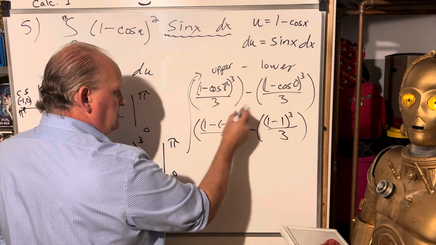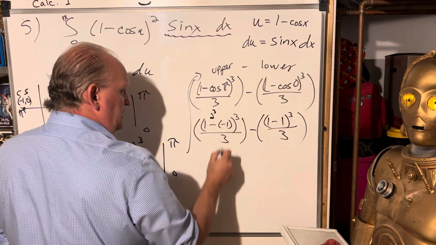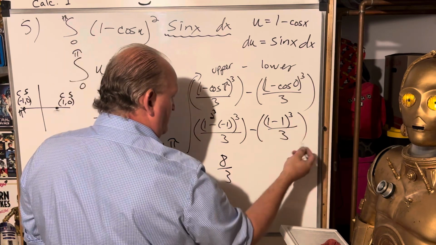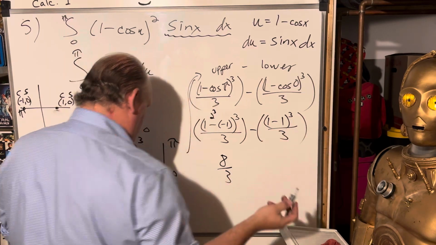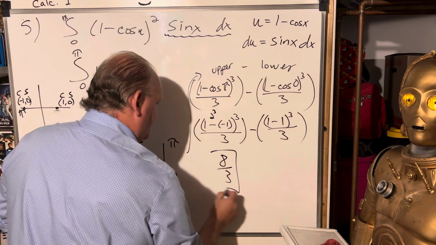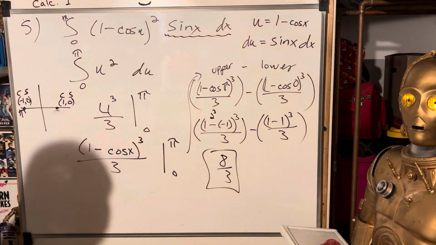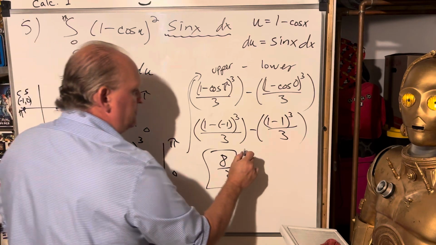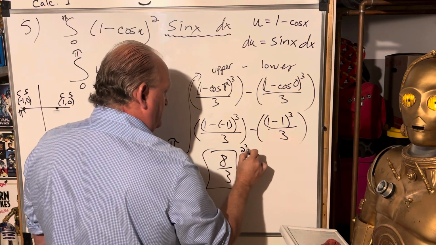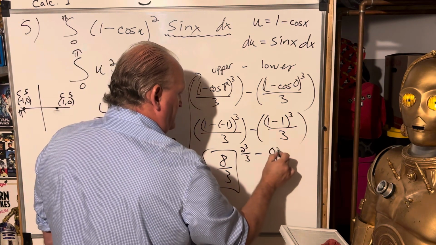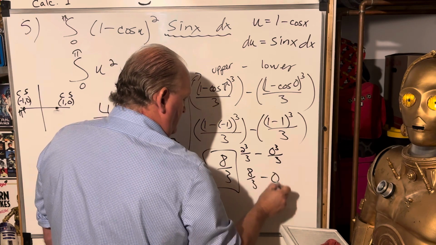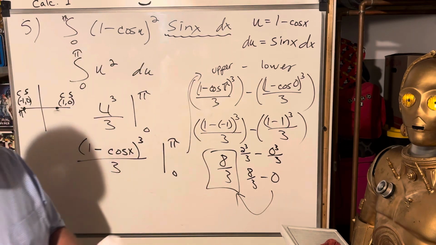So this is 2 cubed, which is 8/3, and that's 0 cubed, which is 0 divided by 3 is 0. So it's just 8/3. Here, I should do one more line. 2 cubed over 3 minus 0 cubed over 3. There we go.